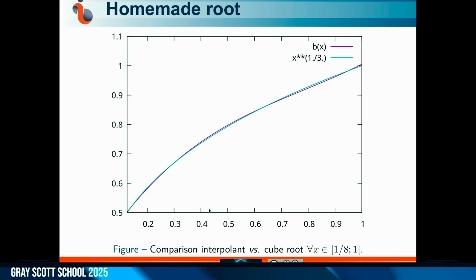And okay, the starting point is plotted here. And you can see that it's very difficult to see the difference between our polynomial, between 1/8 and 1, and the exact formula.